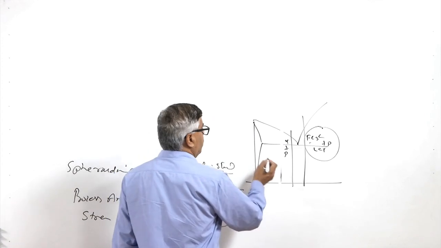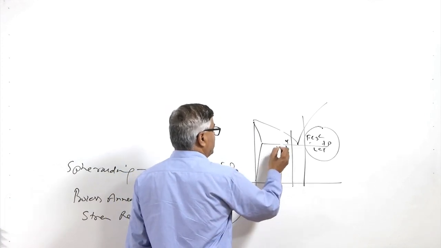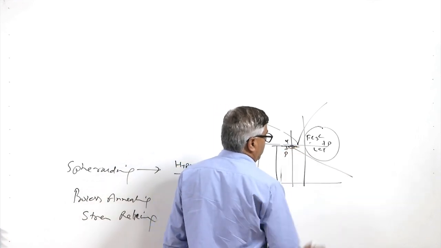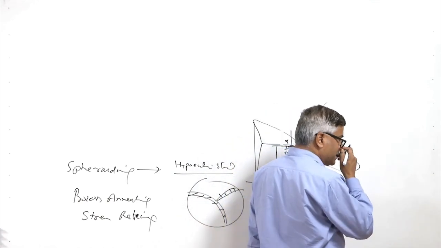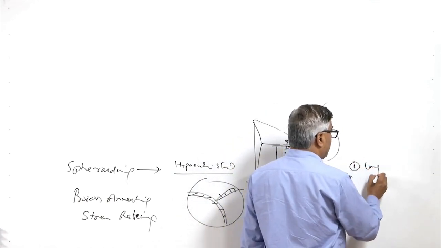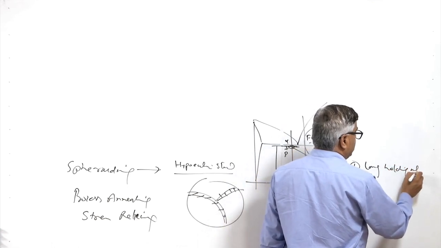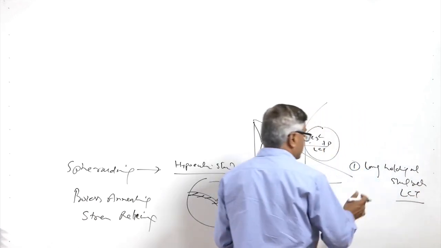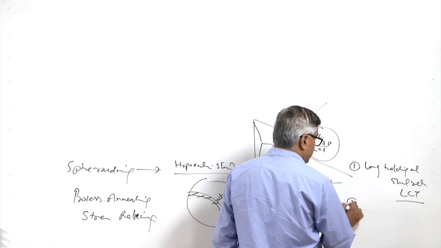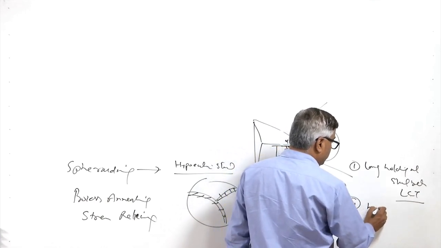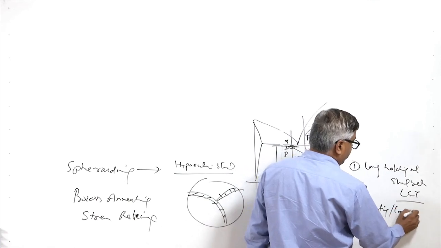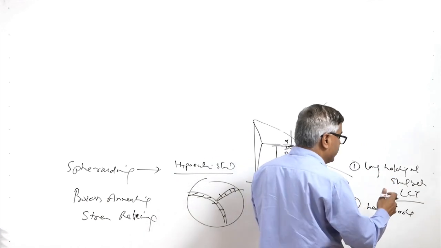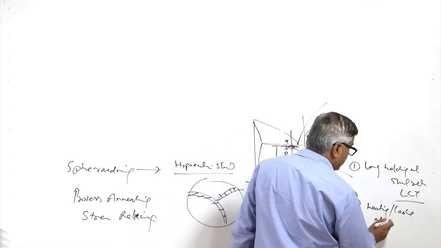and for that purpose we hold the steel just below the lower critical temperature limit for a longer time. So, one method of spheroidizing is the long holding of steel just below the lower critical temperature, and another is alternate heating and cooling, heating just above the lower critical temperature and then cooling.